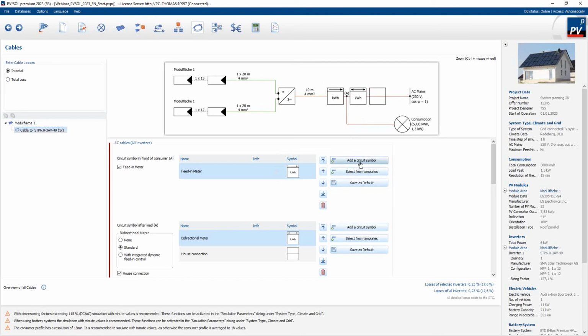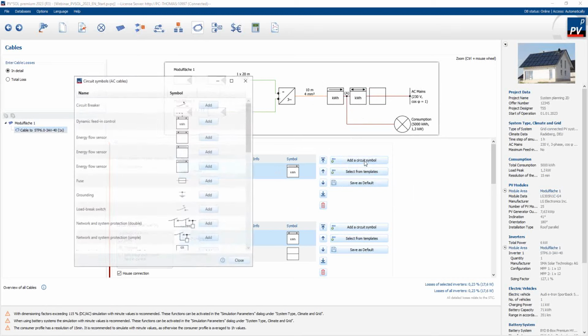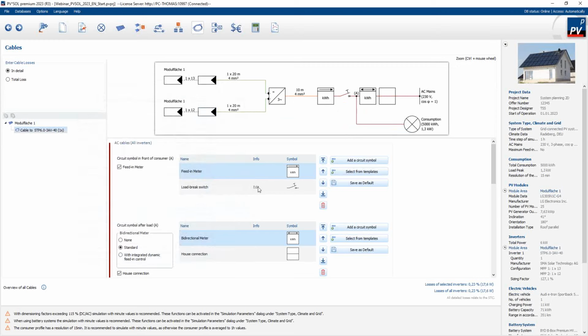That's very easy. You have to click the button here, add circuit symbol, and then there are different options available: circuit breaker, fuses, load break switch, and so on. And you only have to press add. You have to close, and then it's added here. In our case, it's behind our meter.